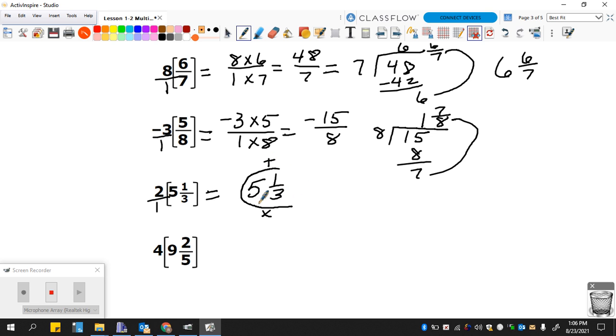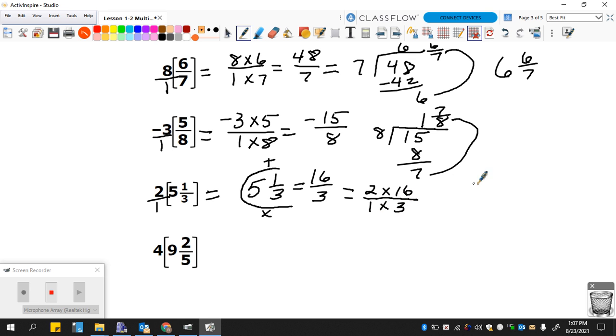So that would be 3 times 5 plus 1. 3 times 5 is 15 plus 1 is 16 over the denominator 3. So that means I'm going to have 2 over 1 times 16 over 3.